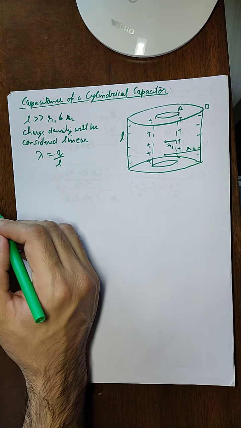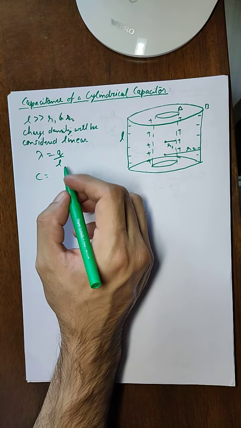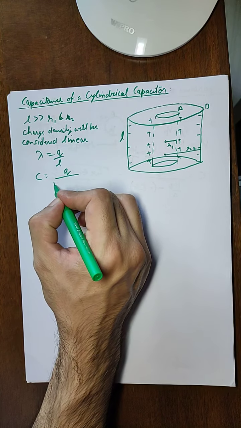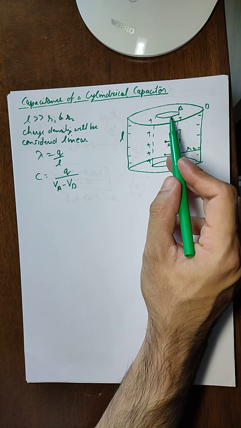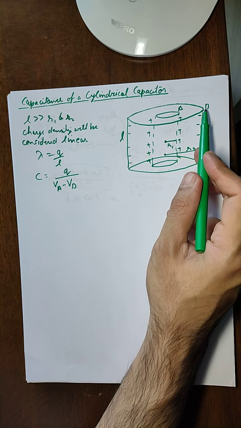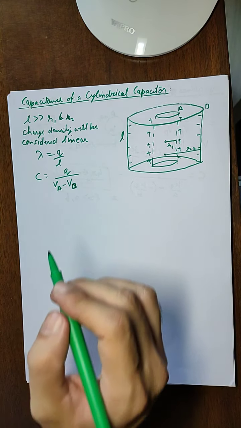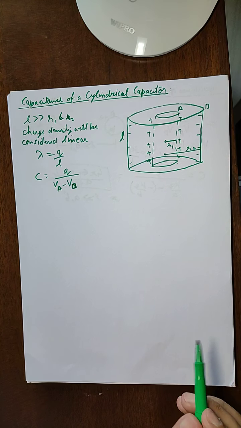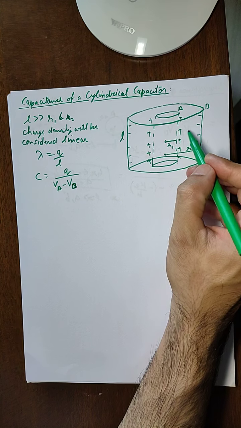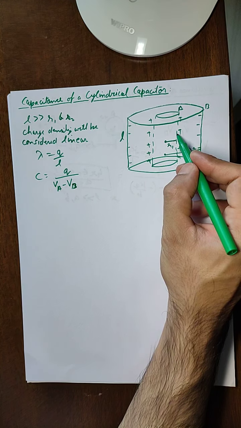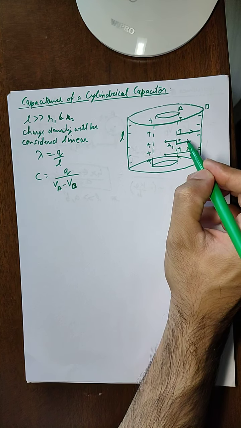Now if we calculate the capacitance of this system, the capacitance will be given by Q over VA minus VB, where A is the inner shell of the cylinder and B is the outer shell. The electric field E exists between the cylinders because one has positive charge and the other has negative charge, so there will be E in this direction.